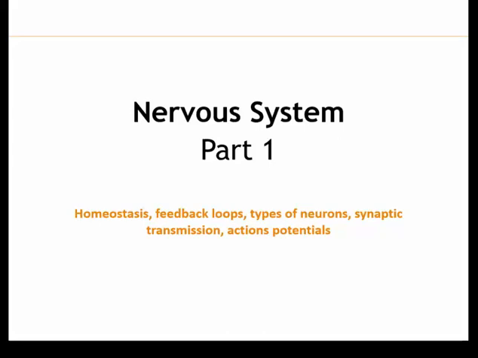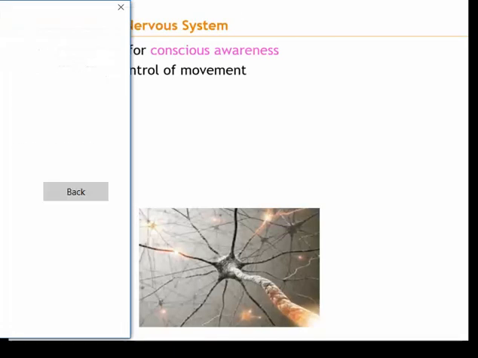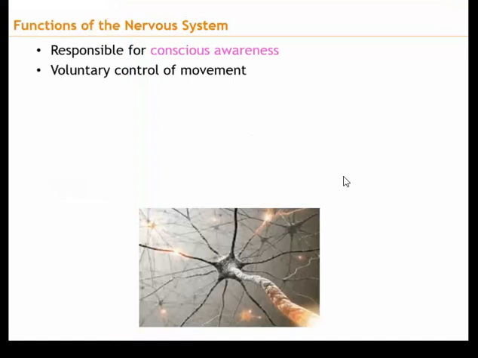You can see what our topics are for part 1, which we just kind of went over in the objectives. But starting with basic functions of the nervous system. So first thing up here, we see responsible for conscious awareness. So conscious awareness refers to memory, our thought processes, the sensations that we feel, the perceptions that we have, anything where we are kind of readily processing information.